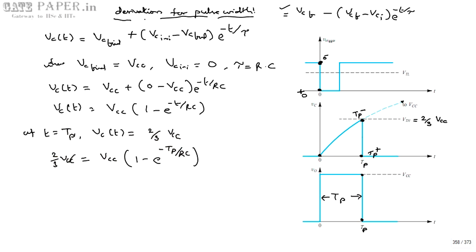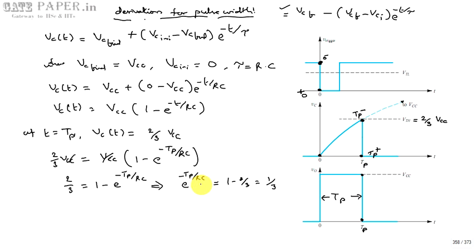So Vcc gets cancelled. 2 by 3 equals 1 minus e power minus Tp by RC. So e power minus Tp by RC is equal to 1 minus 2 by 3, that is 1 by 3.